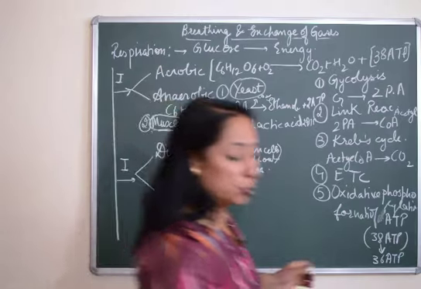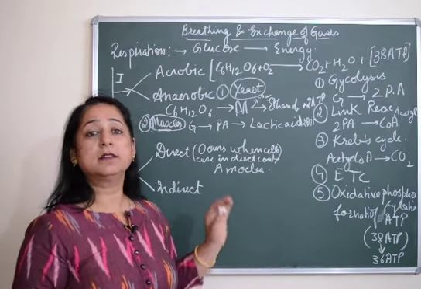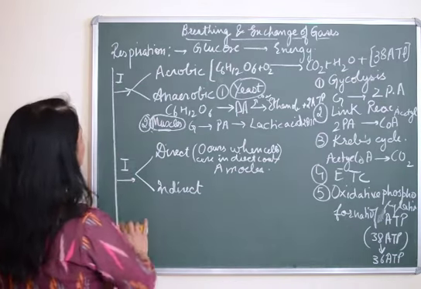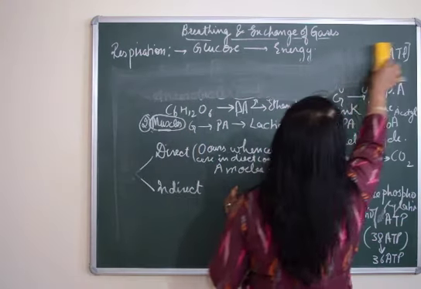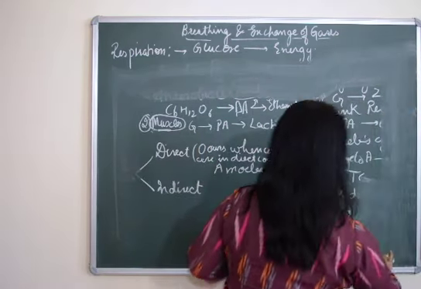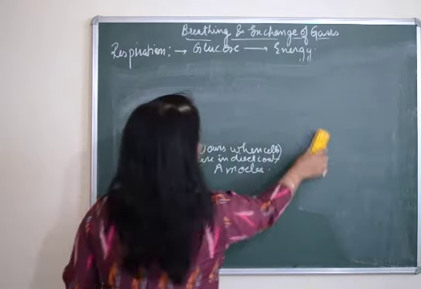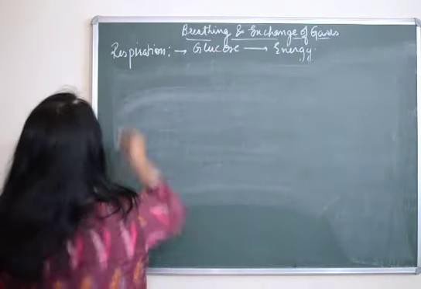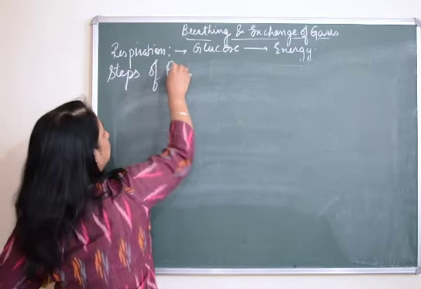I'm going to erase the board and start with the next topic, that is, the various steps involved in the process of respiration. So let's see what the main steps of respiration are.